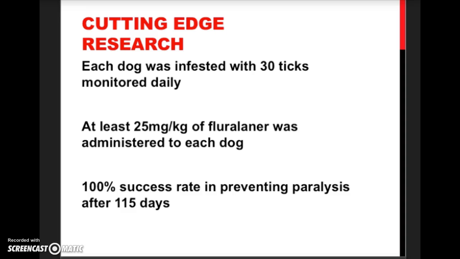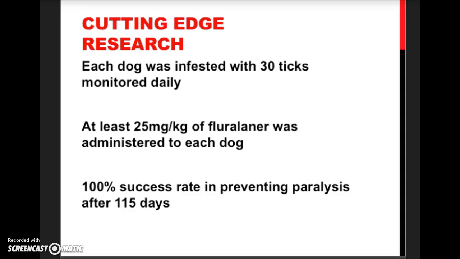About the research, each dog was infested with 30 ticks, and each tick was monitored daily. At the same time, at least 25 milligrams per kilogram of fluralaner was administered to each dog at the beginning of the trial.